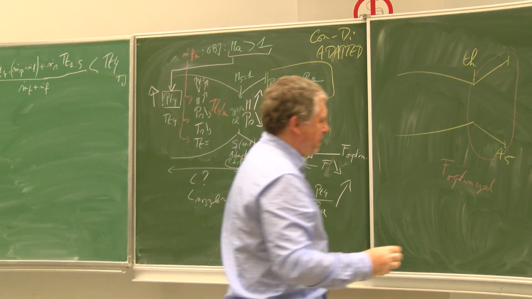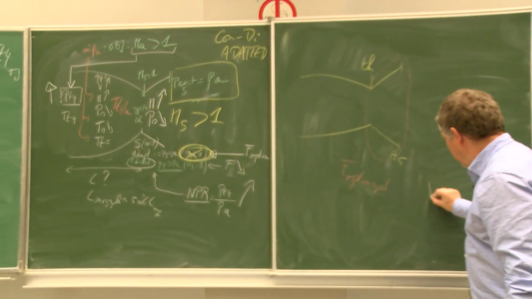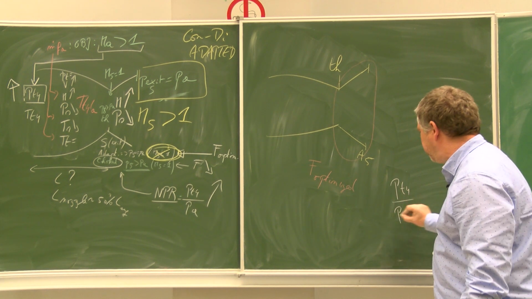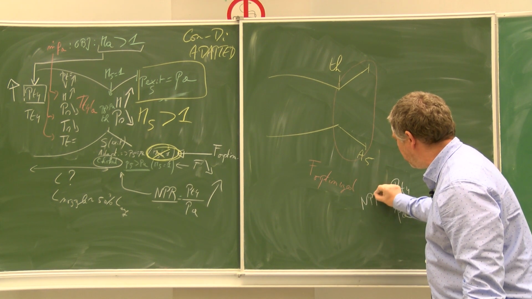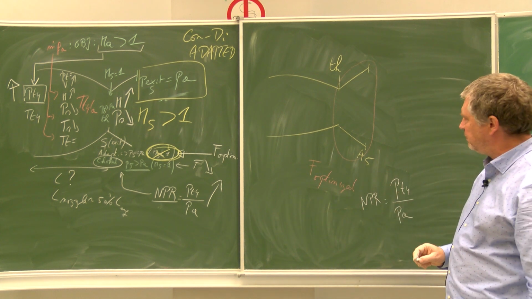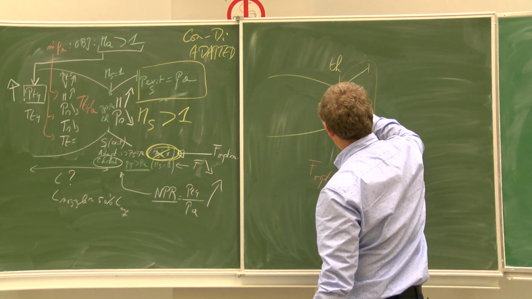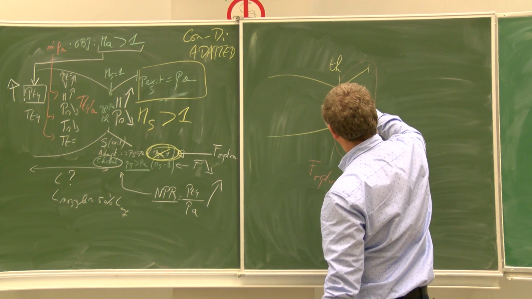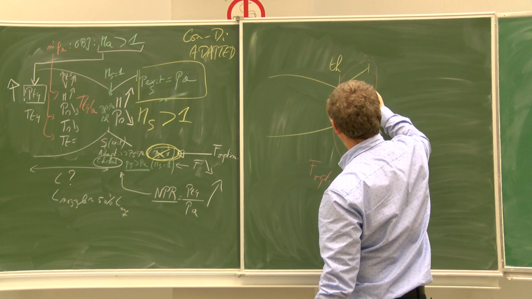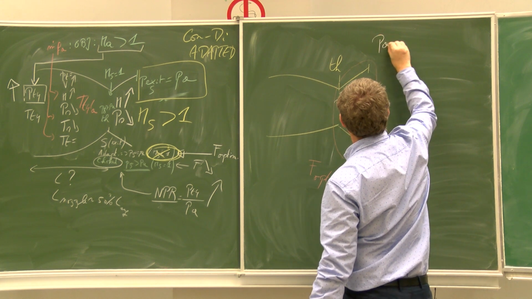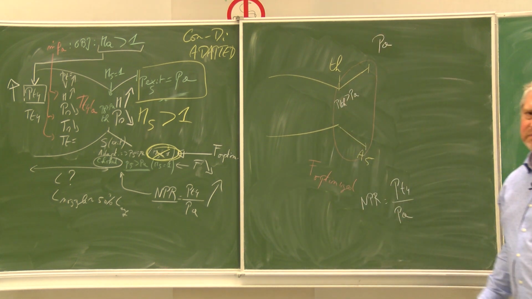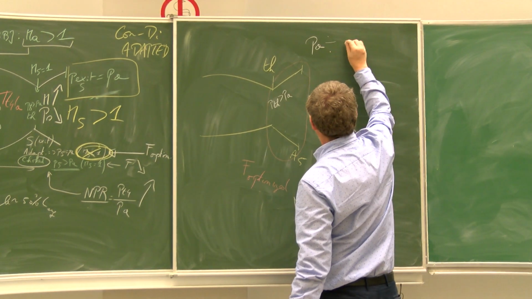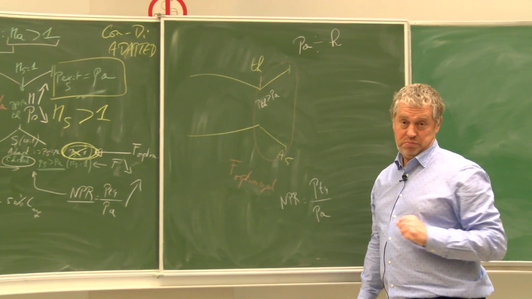Why? Because everything is depending on PT4 divided by PA, that I have called the nozzle pressure ratio. But also everything is depending now on P5, P throat, larger than PA, and the PA I have here outside. Okay? And PA will change with the altitude.